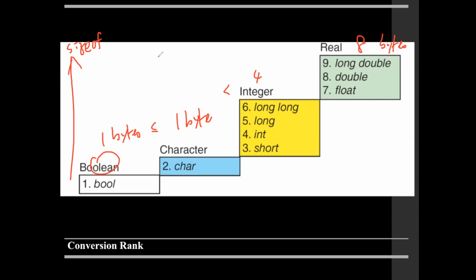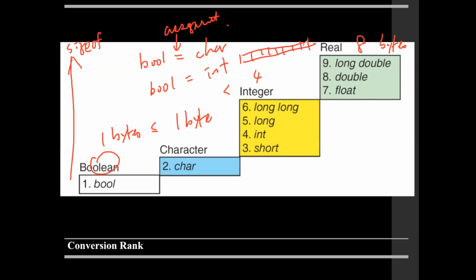So if you think about this, let's say we have a Boolean, and try to do an assignment operator here. Let's say on the right side, you have a char. They're roughly equal, so you're not going to get any issue there, right? However, if you have a Boolean here and then equals integer, an integer is 4 bytes, as you can see, a lot of ones and zeros, right?